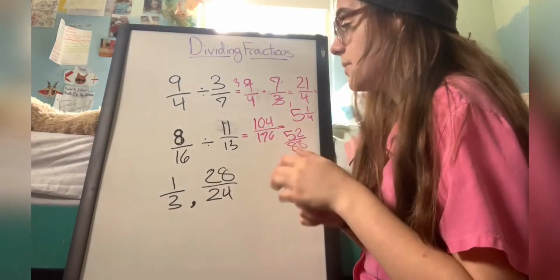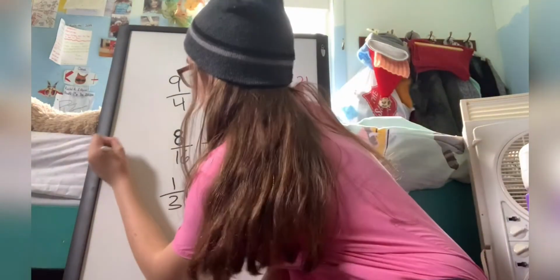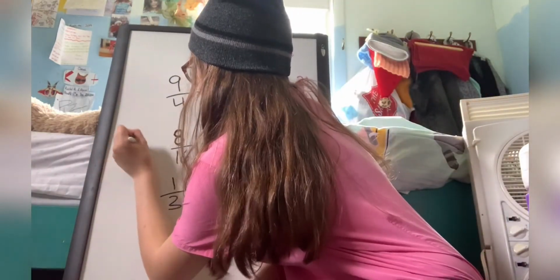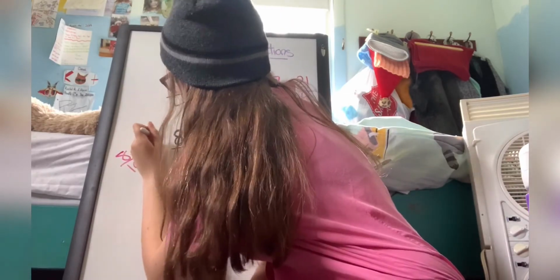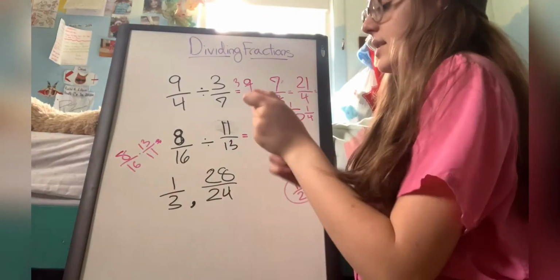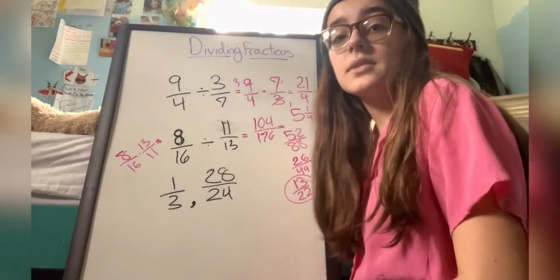As you can see, this took much longer than 8 over 16 times 13 over 11, and actually, it would take the same amount of time because 11 and 13 are prime and don't go into 8 or 16.